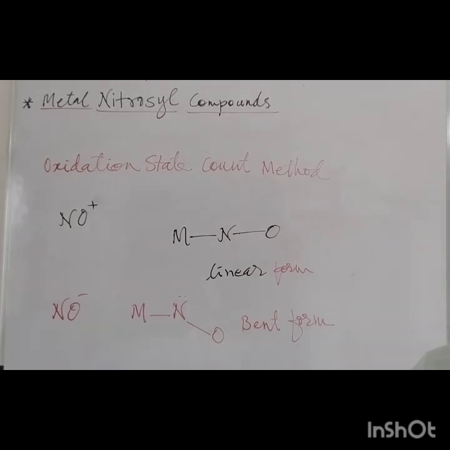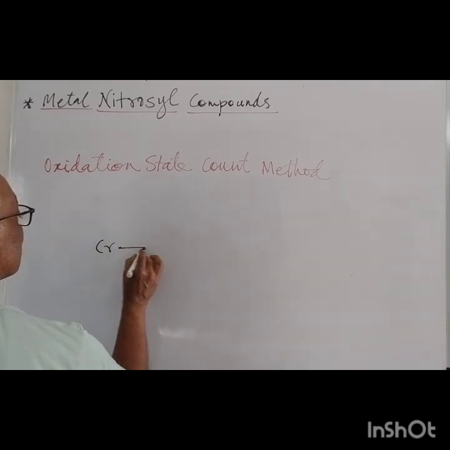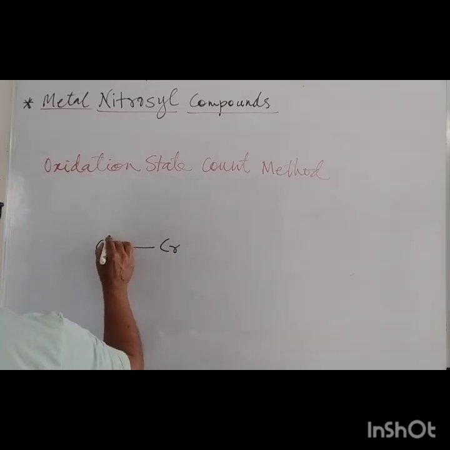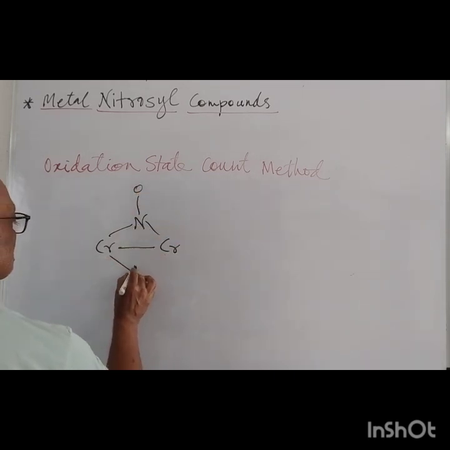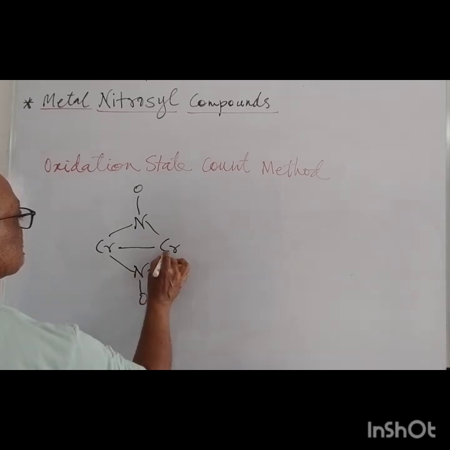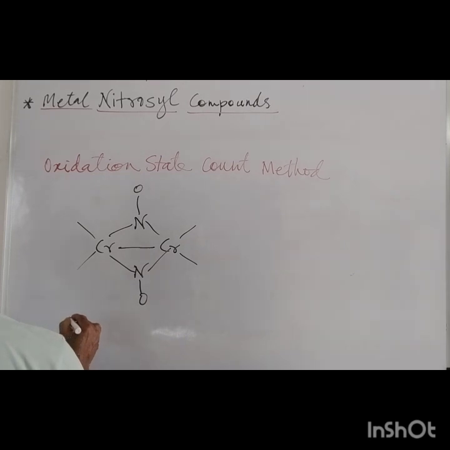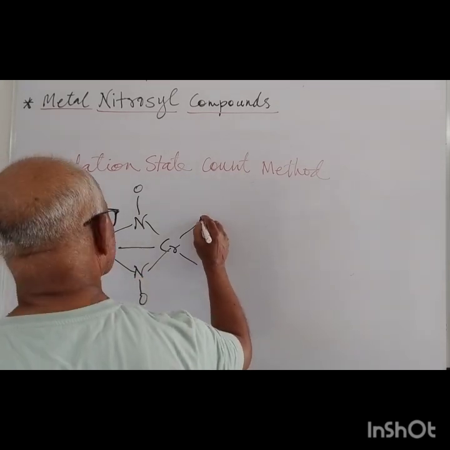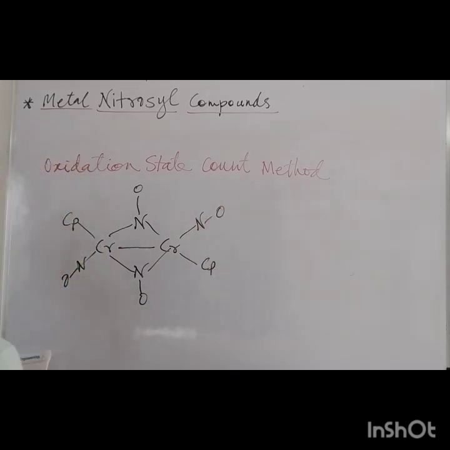We will see some examples. This is Cp, cyclopentadiene, then here it is NO, then this is NO, this is cyclopentadiene.